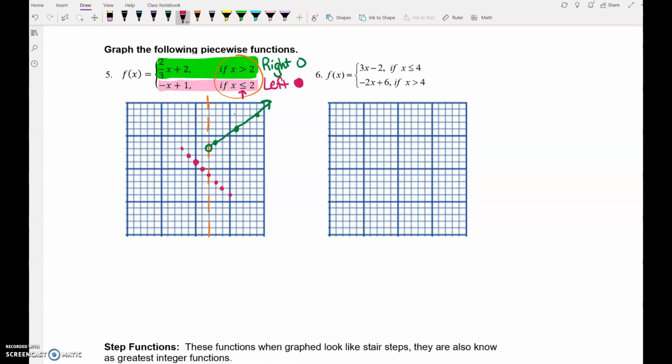And if I were you, I would extend it to the left, especially since we know that this one is on the left. We are allowed to have a solid dot on the orange line, and then this pink function needs to extend left of that orange barrier. And then, since this is kind of a rough draft, I'll go through and erase the pink points that I don't need.